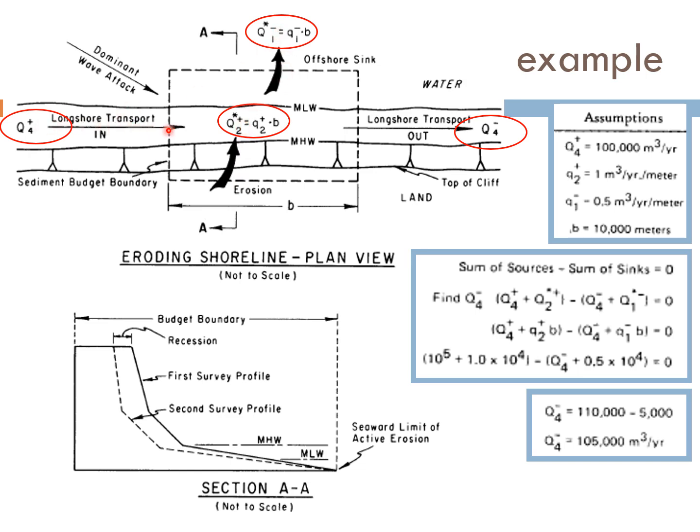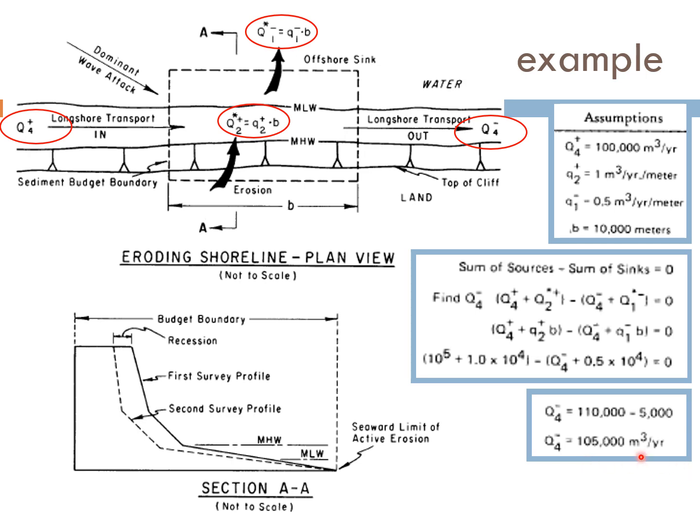The influx from longshore transport is given, and the example here assumes that the total sources and the total sinks are balanced. So we have sum of source minus sum of sink equals 0. So we are using the equation to find out how much is the longshore transport outwards here. So we find the solution to be this value.